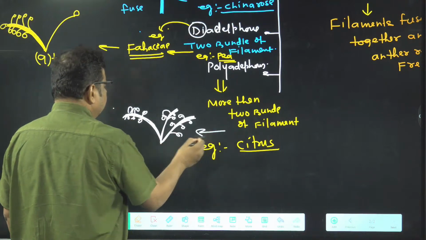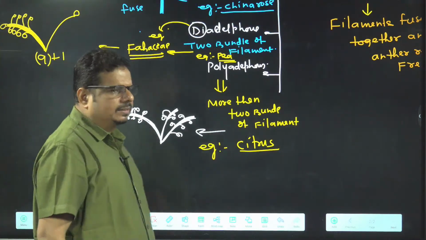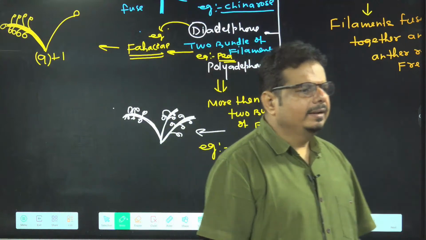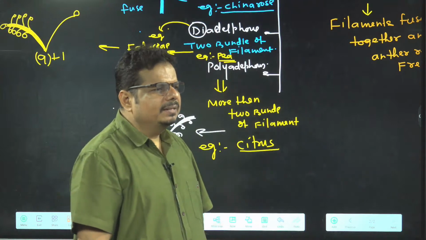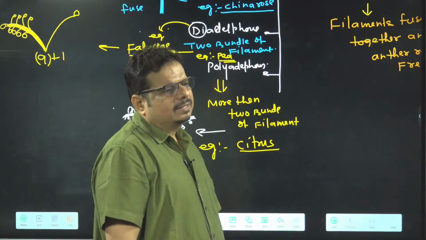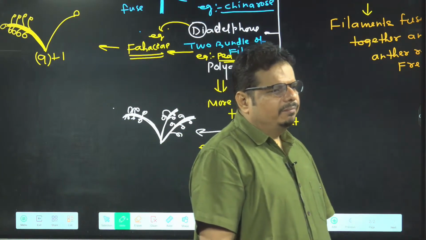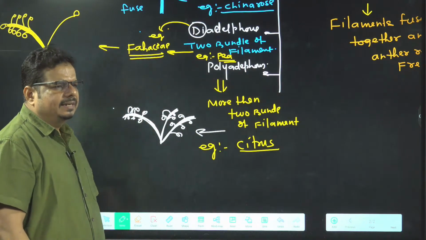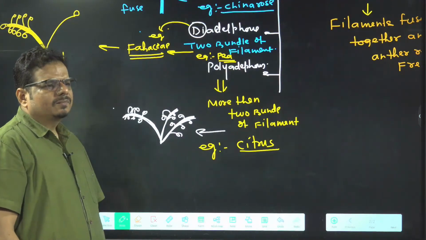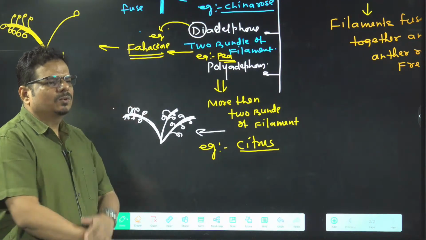Citrus, and it is the diagram for which one? Polyadelphous condition. So I hope adelphous condition is over. Once again, monoadelphous example, China rose; diadelphous example, pea, Fabaceae family; and polyadelphous example is which one? Citrus. So adelphous condition is over.